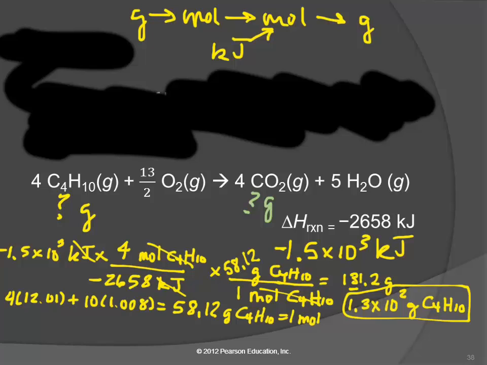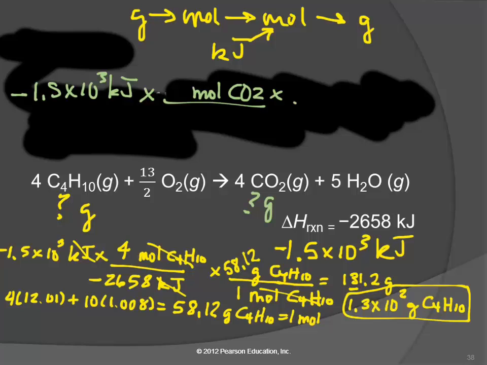So again, minus 1.5 times 10 to the third kilojoules of energy. We're going to convert that to moles of CO2 this time, and then we're going to convert to grams of CO2. So we stick our units in there so that they all cancel out so beautifully.